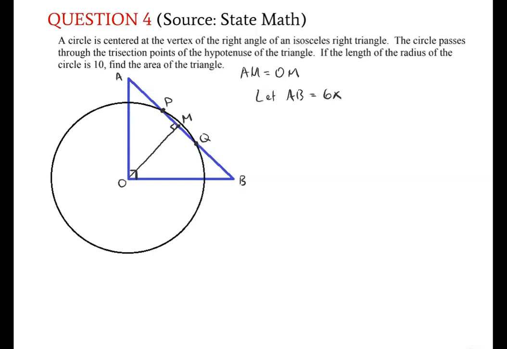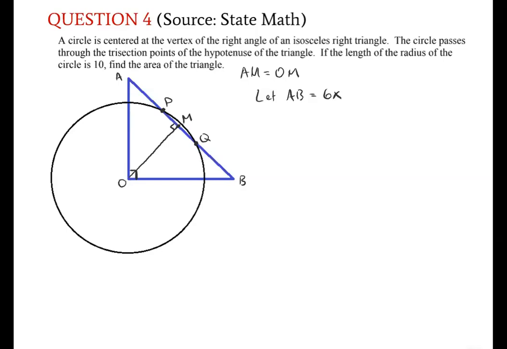If AB is equal to 6x, well, since AOB is an isosceles triangle, if M is the midpoint of AB, that just splits the entire thing into two isosceles triangles.